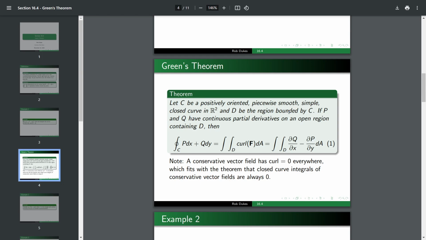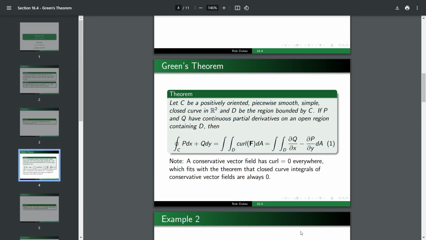And let D be the region bounded by C, so D is the interior. If P and Q have continuous partial derivatives on an open region containing D, so that means the smoothness, the derivatives have to be just a little bit bigger. Let me explain that real quick then.